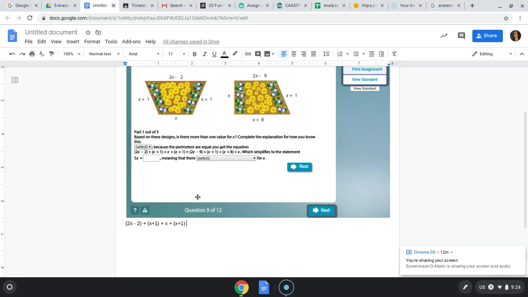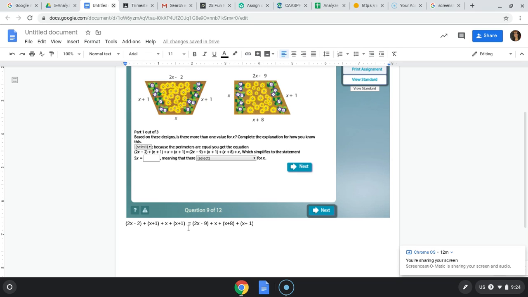Now the other equation, I'm going to start off with 2x minus 9, plus x, plus x plus 8, and then plus x plus 1. All they did is use the parentheses to separate the sides.